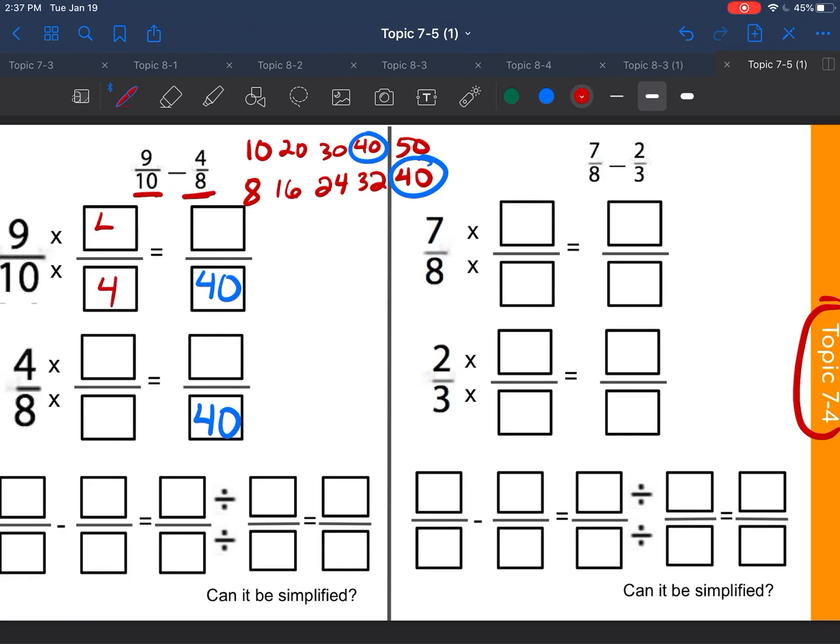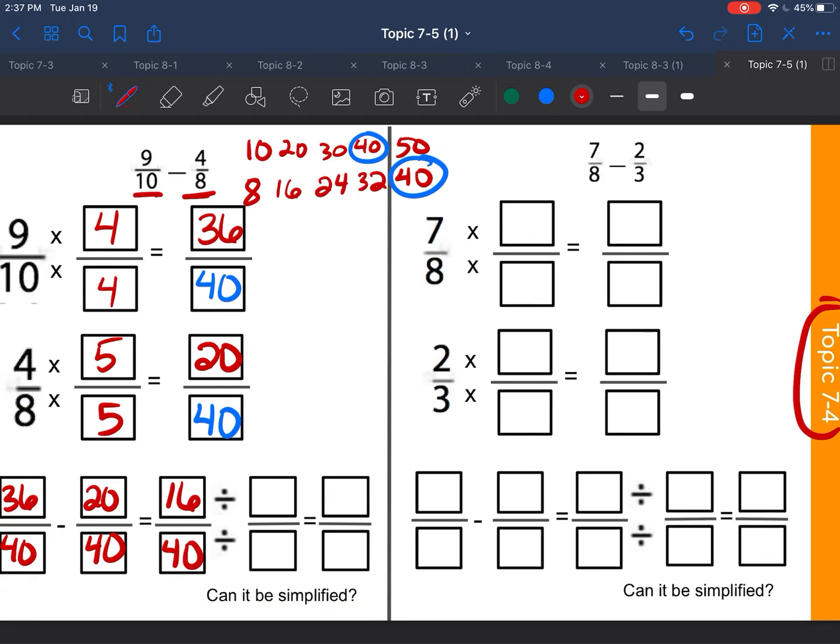Whatever you do at the bottom, you do to the top. 9 times 4 is 36. 8 times 5 is 40. Whatever you do at the bottom, you do to the top. 4 times 5 is 20. So now we have 36/40ths minus 20/40ths, okay? And we end up getting 16/40ths as our answer.